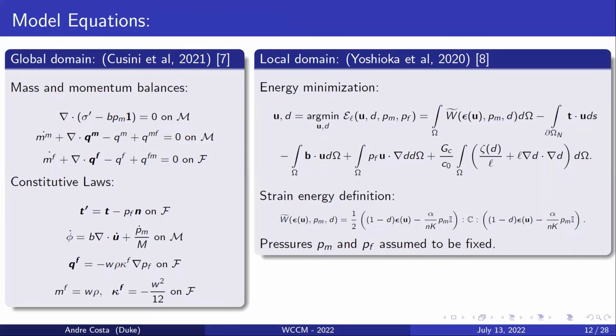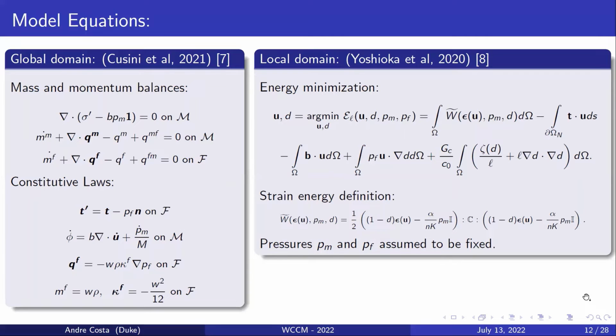In the local domain, we use the phase field formulation for pressurized fractures in a poroelastic matrix presented in the work of Yoshioka et al. It is a variational formulation obtained by minimizing this energy functional that depends on the displacements, phase field, a matrix pressure field, and a fracture pressure.